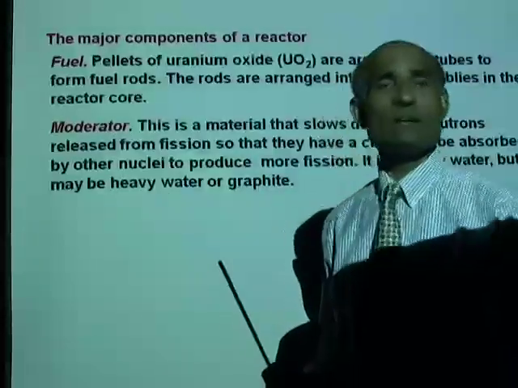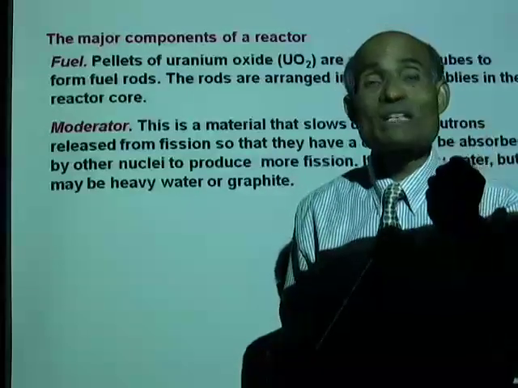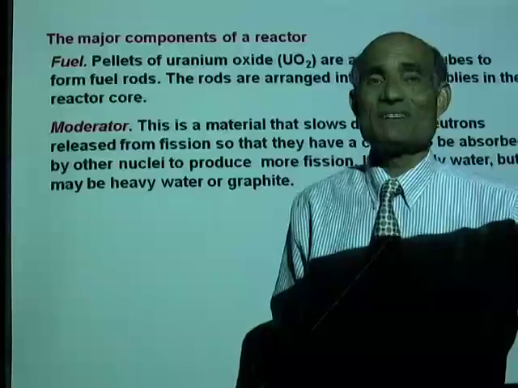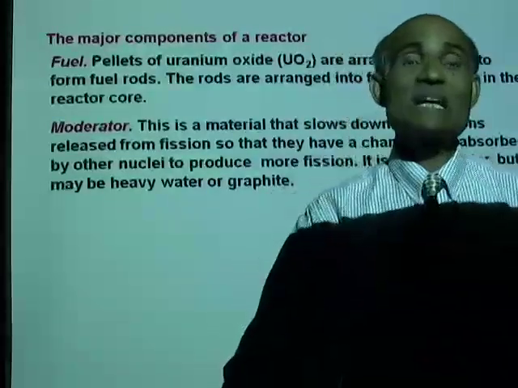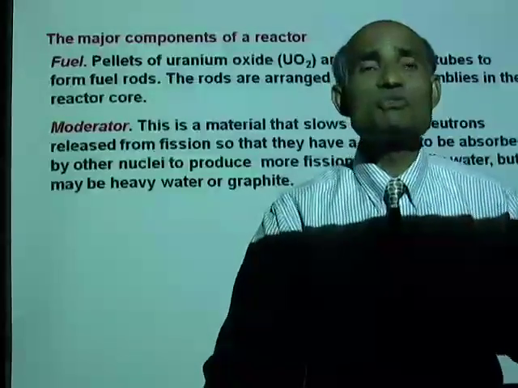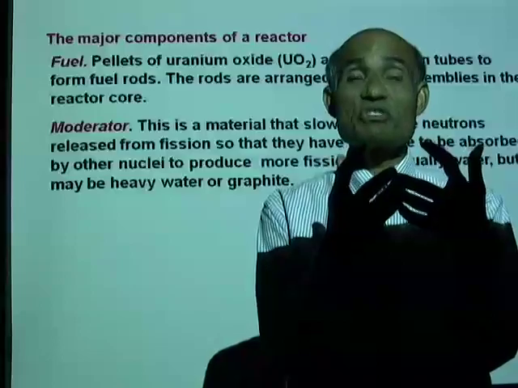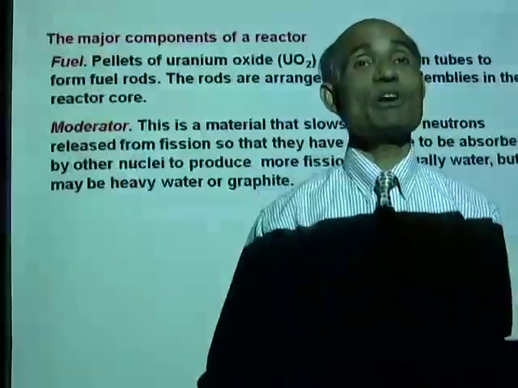Now, the second important part of a reactor is the moderator. And I mentioned what a moderator is a couple of minutes ago. A moderator is a material that is used to slow down neutrons. If neutrons produced in a fission are not slowed down, they will simply escape from the body of the reactor.